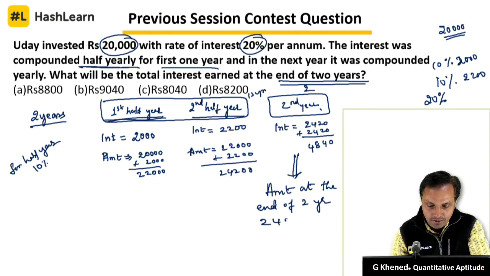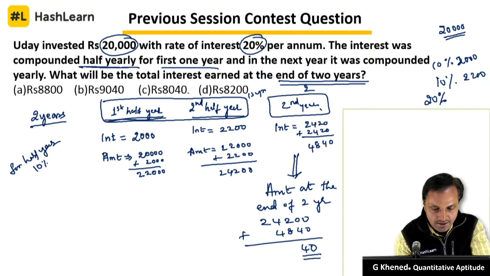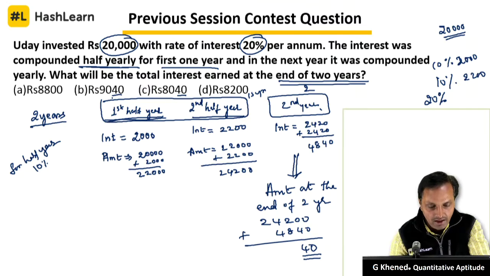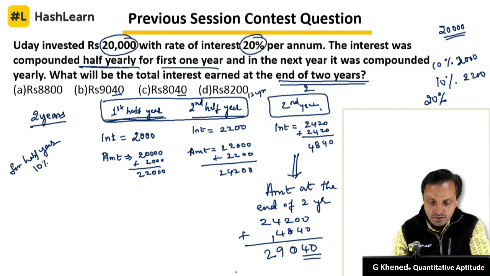It is 24200 plus 4840. Which option has 40? There are two options with 40, B and C. 8 plus 2 is 10, carry 1. So 29040. This is the amount.